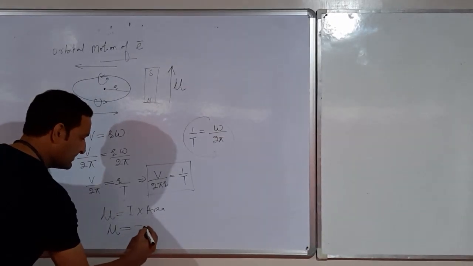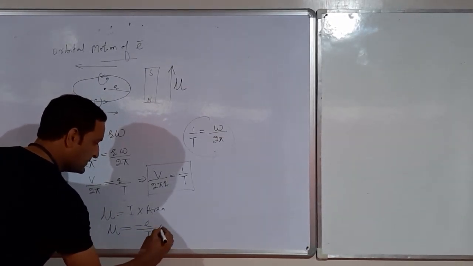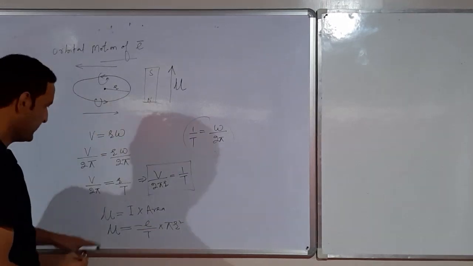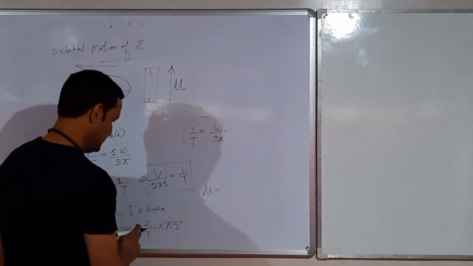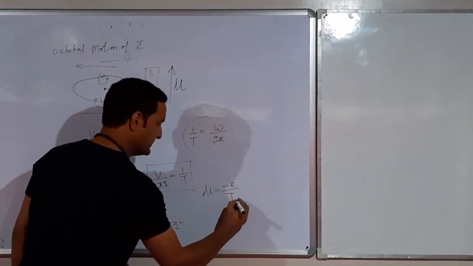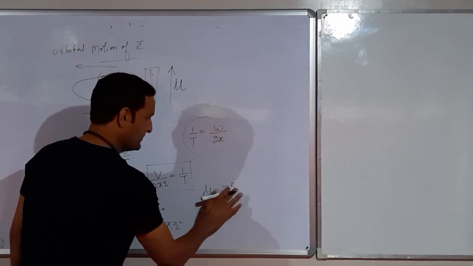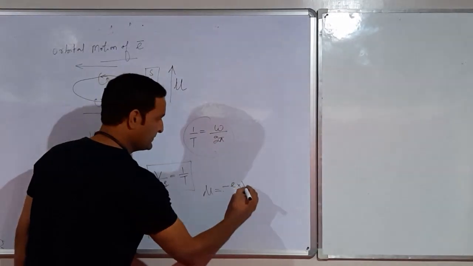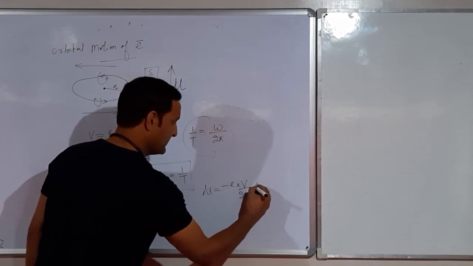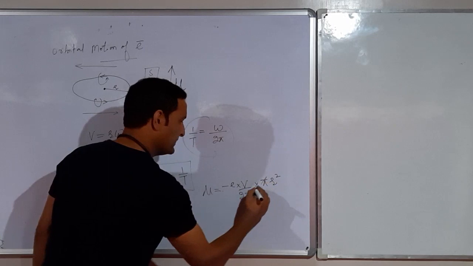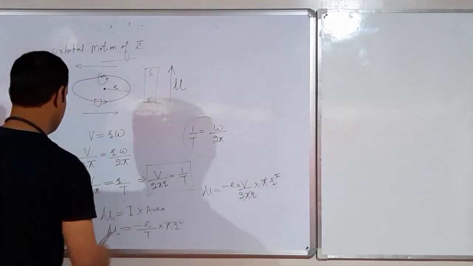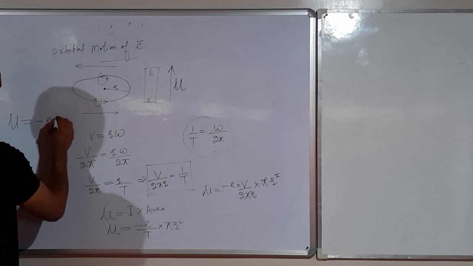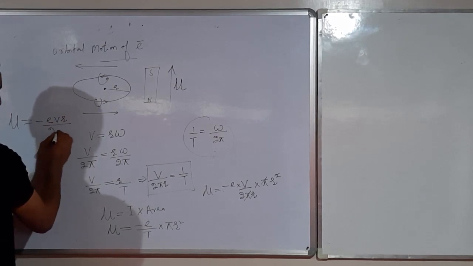Here the charge of the electron is minus e, divided by time period T, multiplied by the area of this loop, pi r squared. So mu is equal to minus e upon T multiplied by pi r squared. Substituting 1 by T equals v upon 2 pi r, pi and pi cancel, r and r squared reduce, and there remains mu equal to minus e v r upon 2.